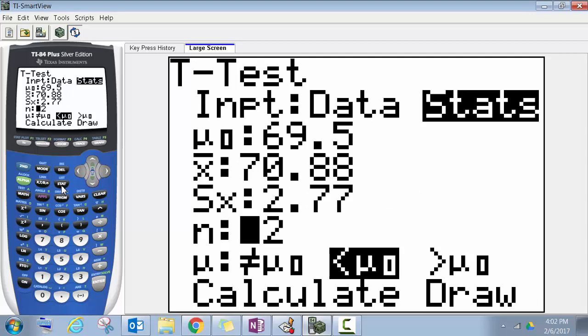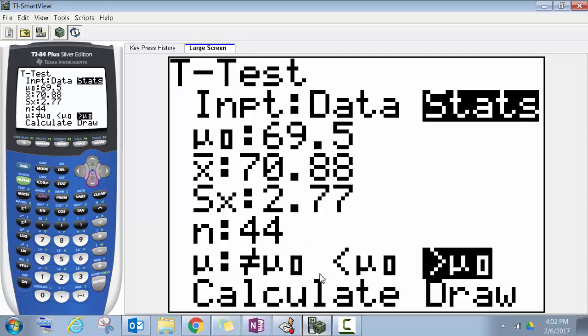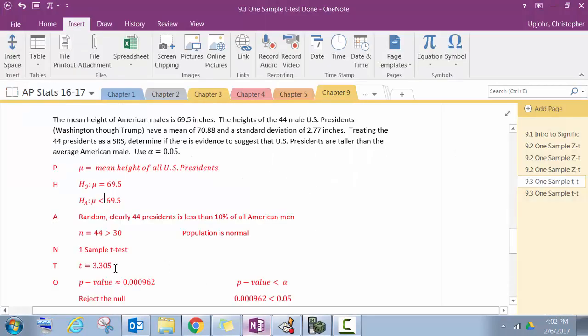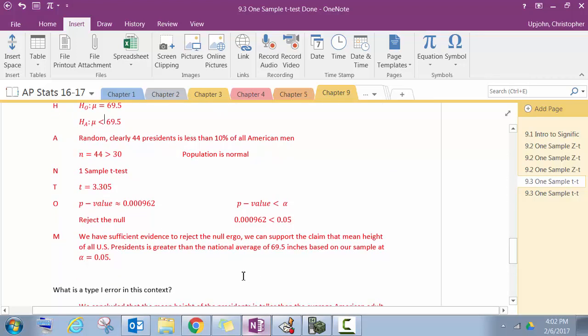N 44, and we want to see if mu is greater than mu naught, so it is this last one. There's our p-value, that's scientific notation, so it is the same as what we got before, and our t-score. So t-score is 3.305, p-value 0.00962, obviously that's less than 0.05, so we reject the null.